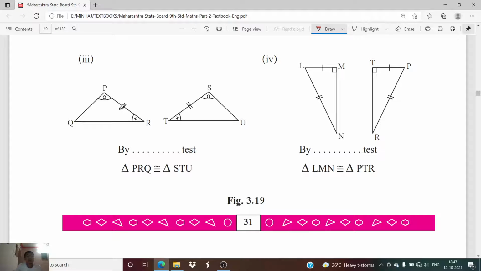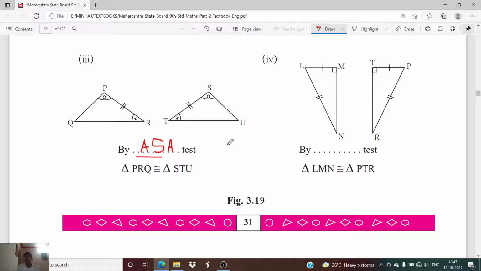Now here you can see angle P is equal to angle S, angle R is equal to angle T, and side PR is equal to side ST. So we can state that both the triangles, triangle PRQ and triangle STU, are congruent to each other, and we have got this congruency by angle, side, angle test, that is ASA test.